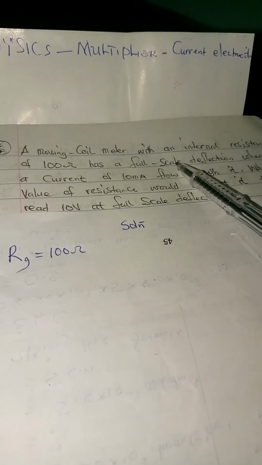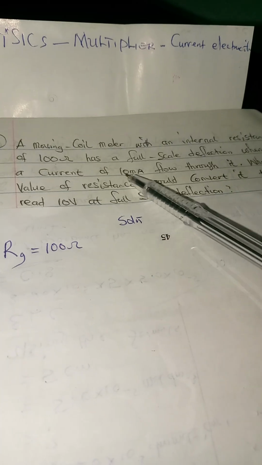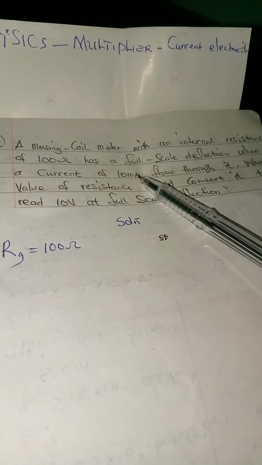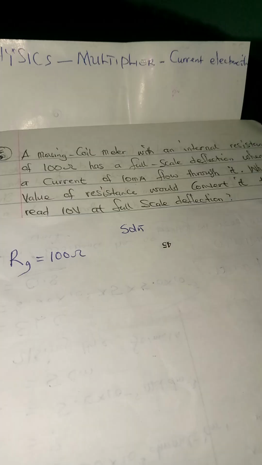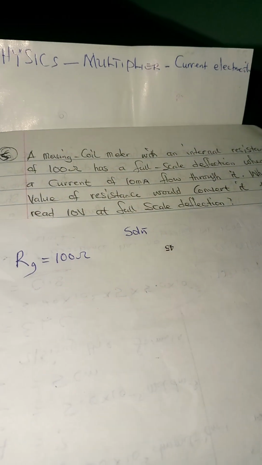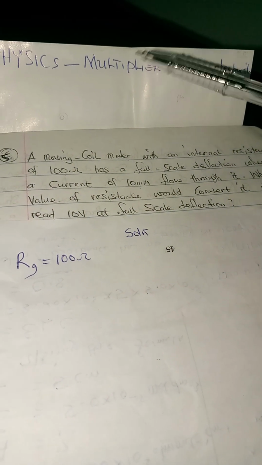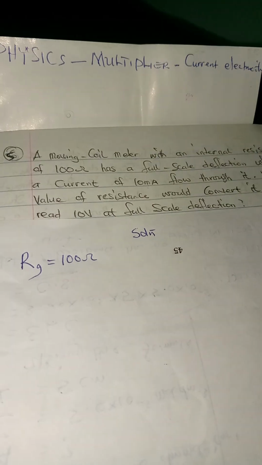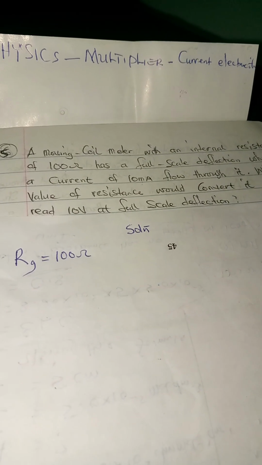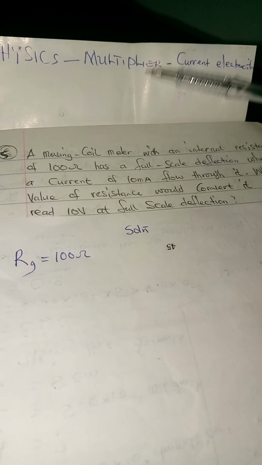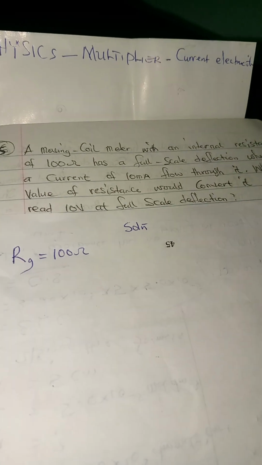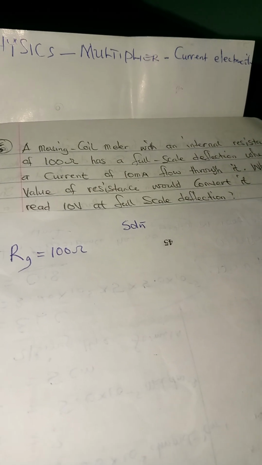Has a full scale deflection when a current of 10 milliampere moves through it. Now, you have been given the current. Remember, in multiplier, the same current flows through the multiplier and the galvanometer. So you have been given the current to be 10 milliampere.